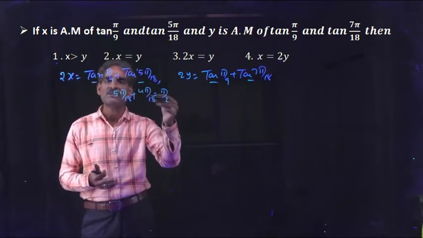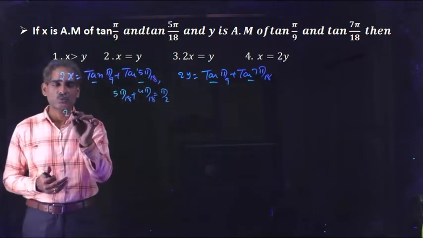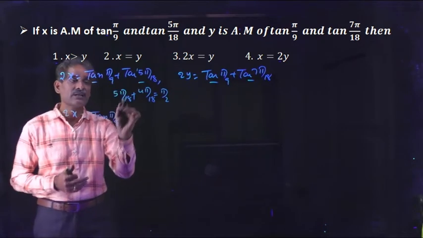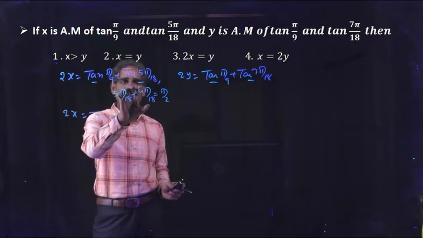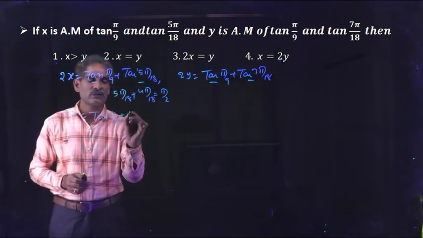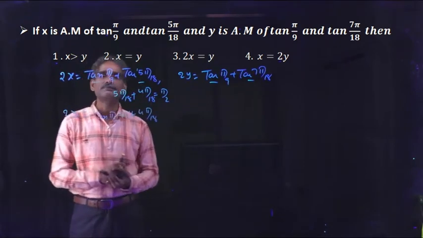Tan of 90 minus θ equals cot θ, so here we will get cot of 4π/18. So 2x is equal to tan(π/9) plus cot(4π/18). Here the sum of these two angles is equal to 90.